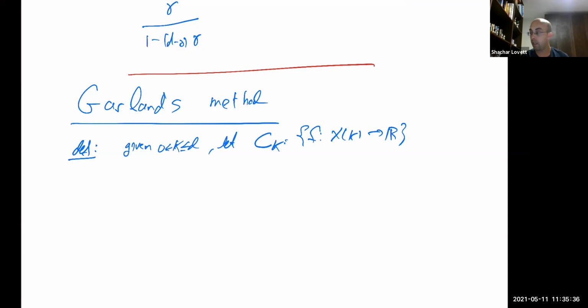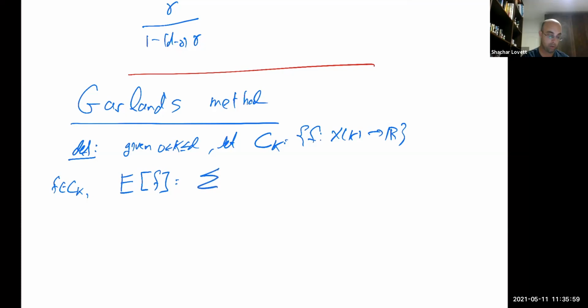And also I'll define the expectation of f. So given f in Ck, the expectation of f is going to be what? Remember that we're working with a weighted complex, and we have an underlying distribution for the kth level. So we're going to use this underlying distribution to take the expectation.